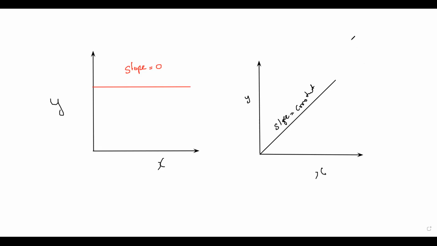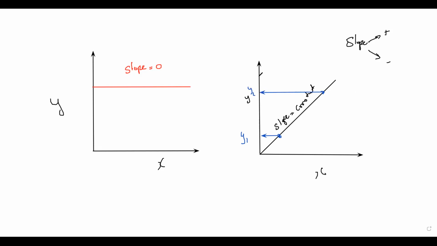So how can you identify whether the value of the slope will be positive or negative? You have to check 2 points. When I take 2 points of the line and identify them on y-axis, the first point on y-axis is called y1, and the second point on y-axis is known as y2.